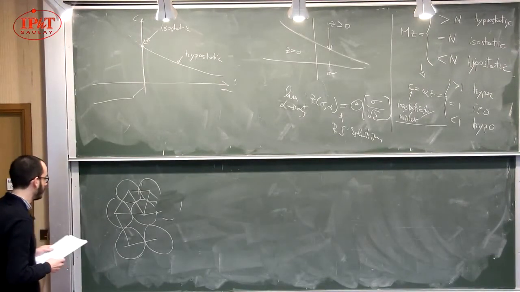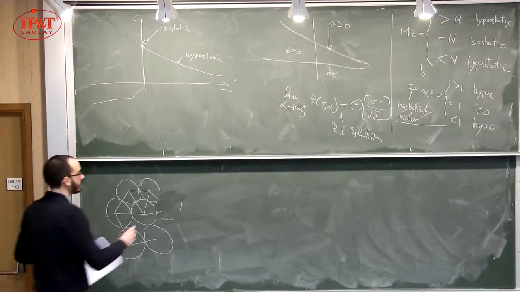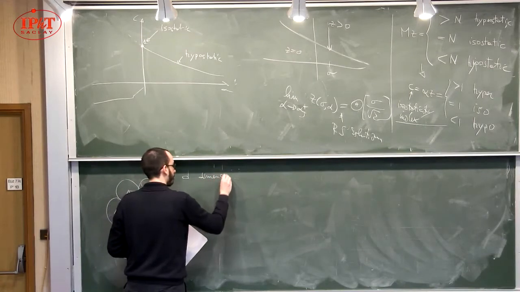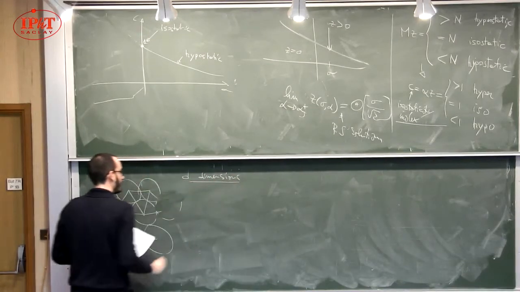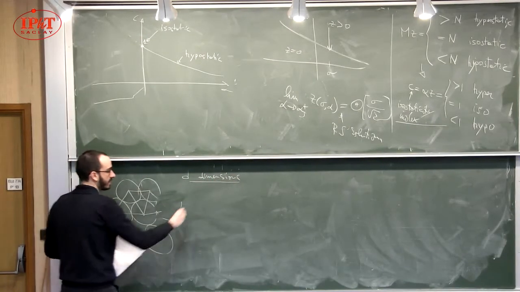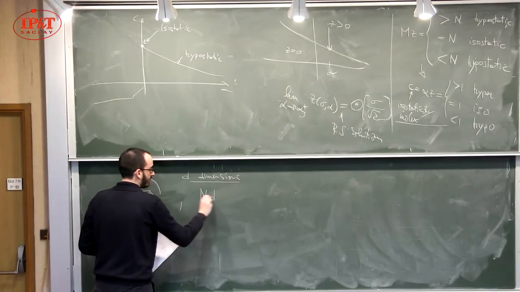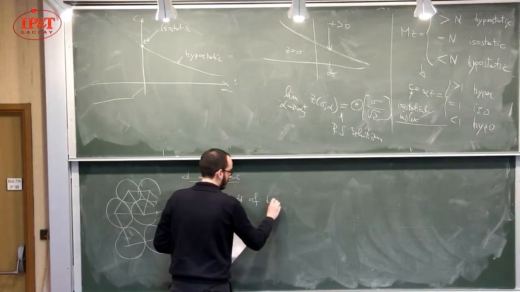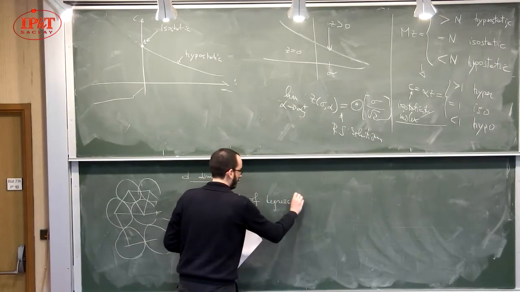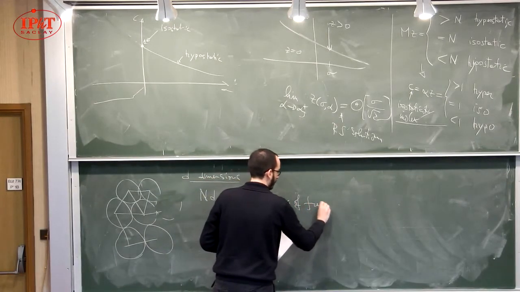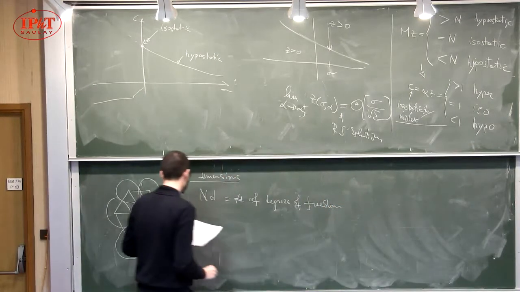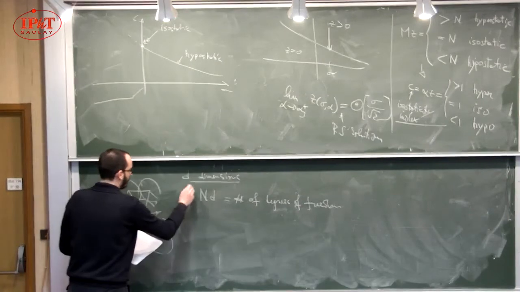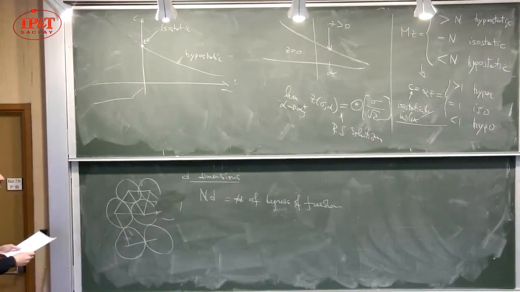Okay. So in d dimensions, the total number of degrees of freedom is n times d. So this n is the total number of spheres that I have in the packing.